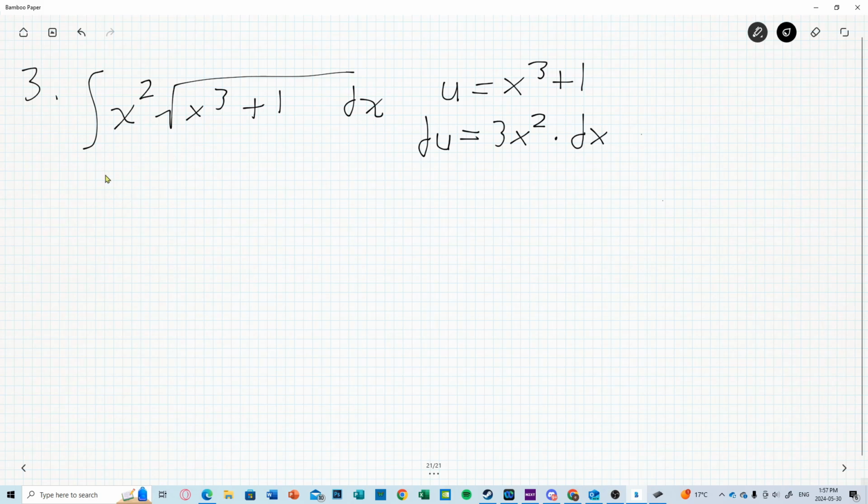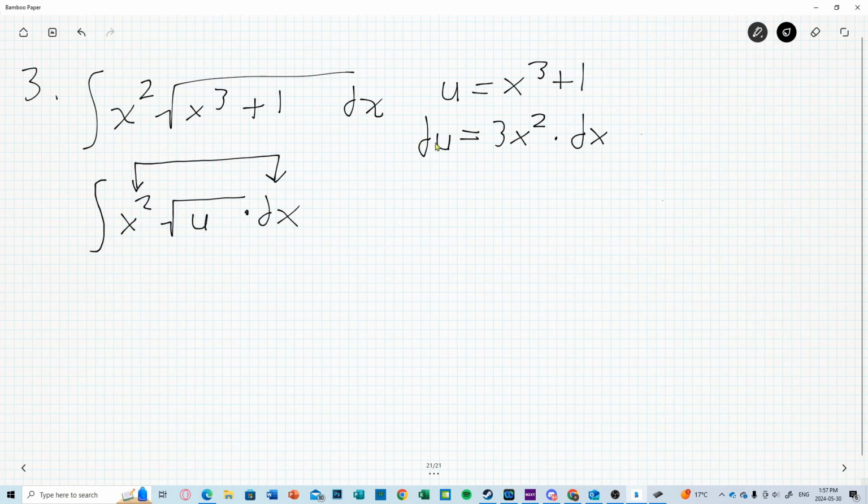So if we rewrite this, just putting the u in, it will be x squared times the square root of u, but we're still multiplying by dx. So we need to find a way to change the x squared and the dx to be in terms of u.